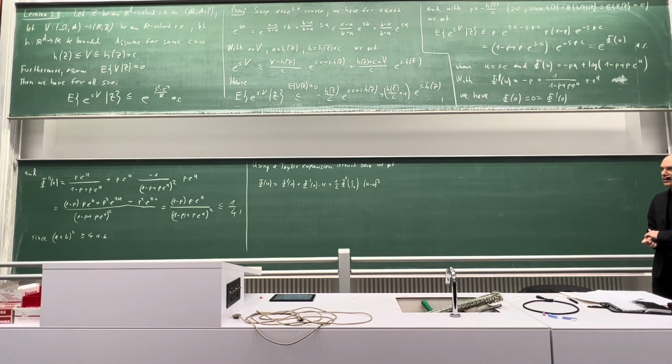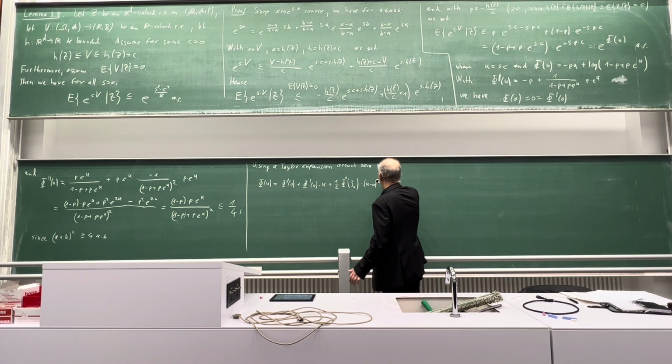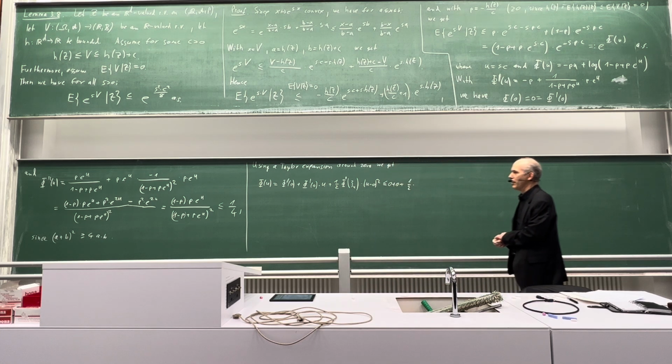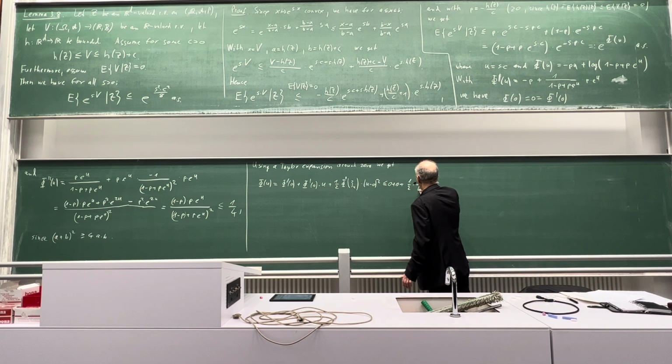And then you see the first one is 0, the second one is 0, the third one is less or equal than 0 plus 0 plus 1/2 times, and the second derivative is at most 1 divided by 4, times u squared, so that's u squared over 8.